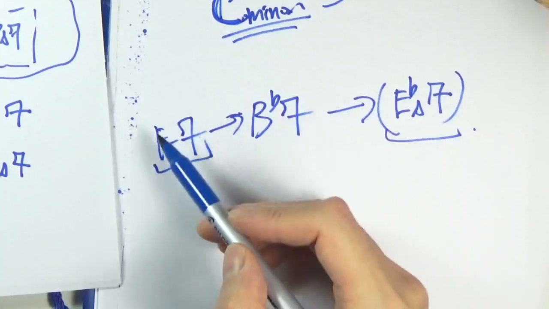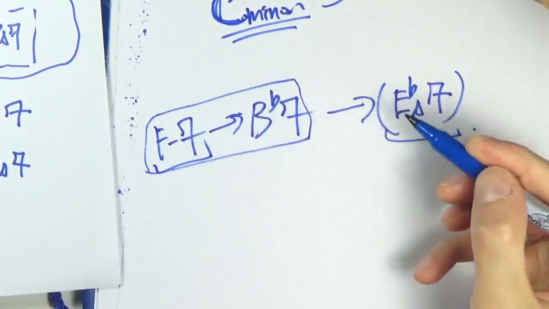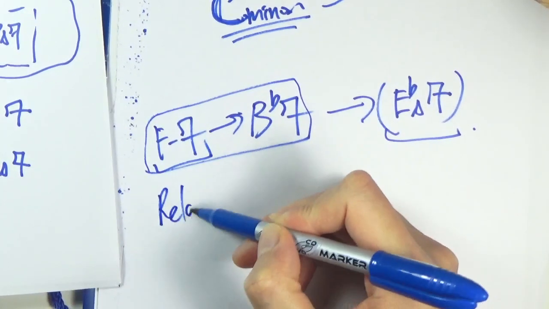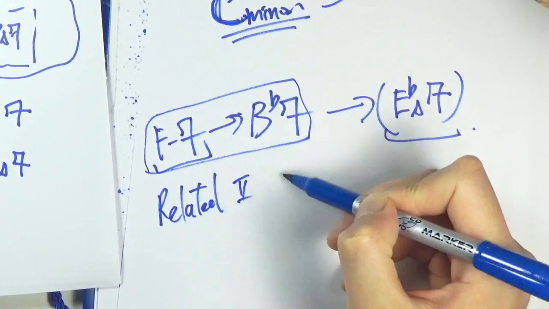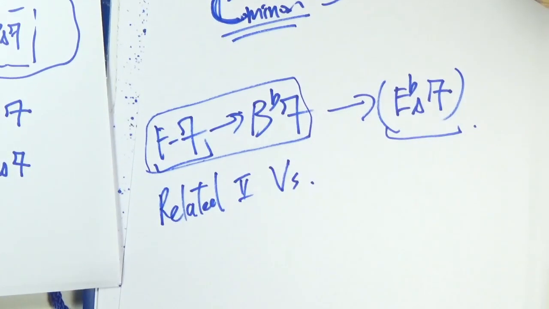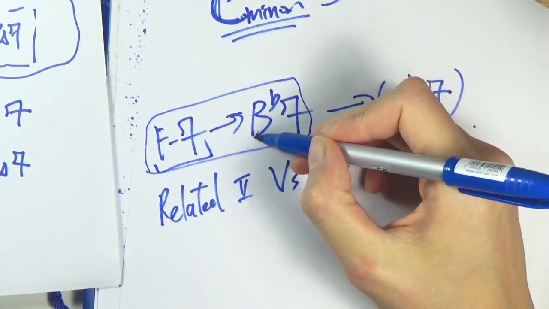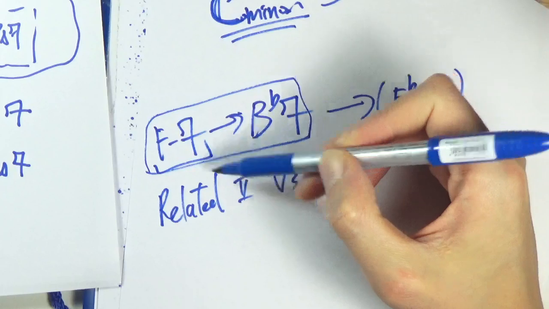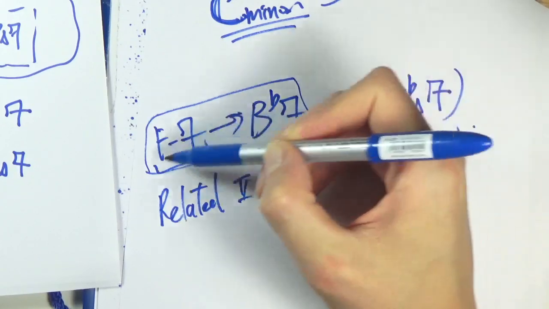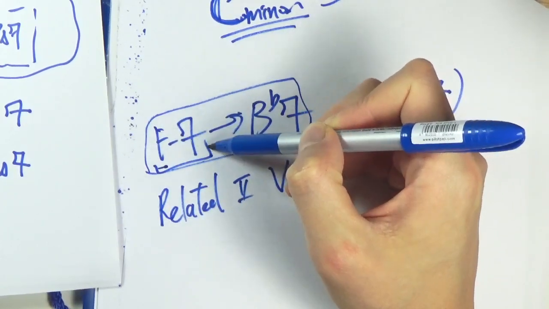Let's give this a term. Let's call them related 2 5s. If you are given a dominant 7 chord, you can find its related 2 chord by going up a fifth, so B, C, D, E, F, and play minor 7, okay?